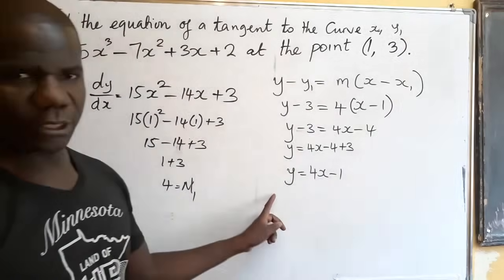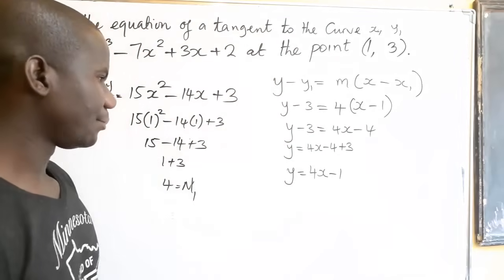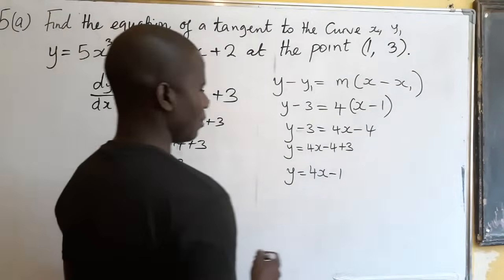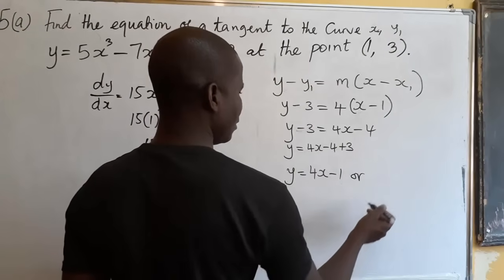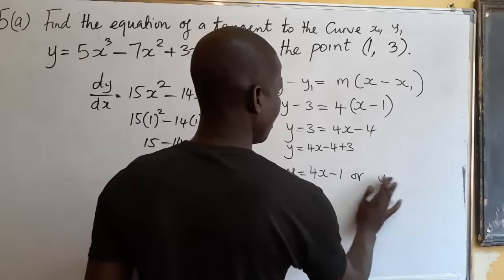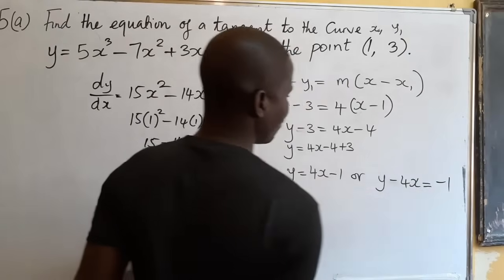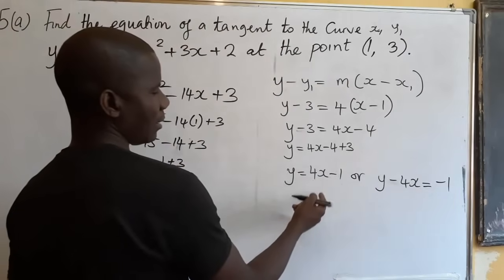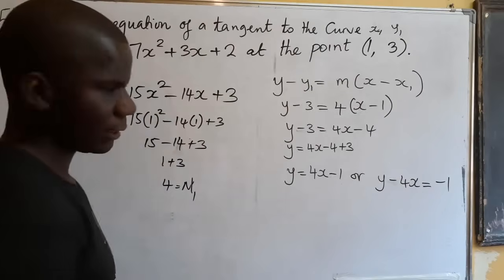So this is the equation, but you can find that maybe some books can be written as y minus 4x is equals to negative 1, where this one comes the other side. It will still be one and the same thing.